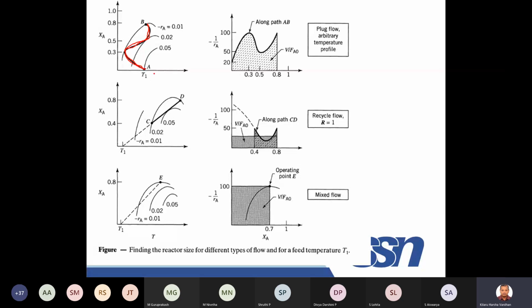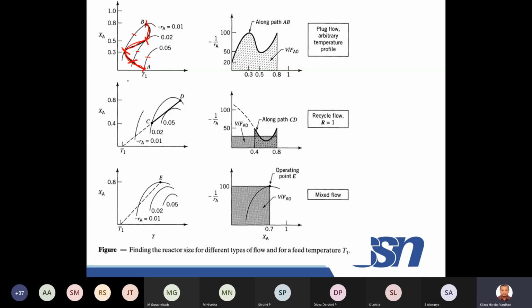So what we need to do now, when you draw this reaction path, it is cutting the different rates. This is one rate, here there is one more rate, and one more, and one more, and one more.